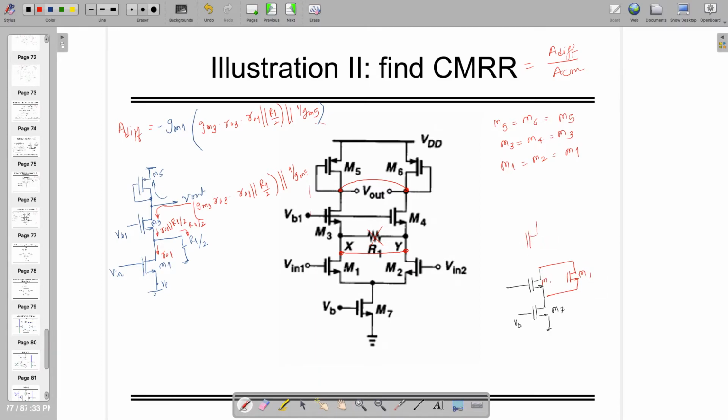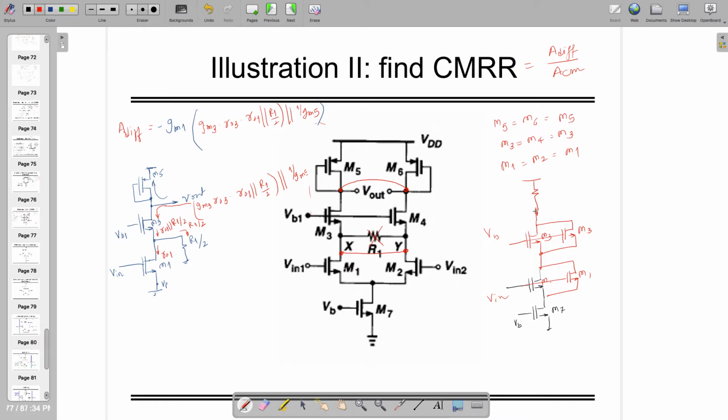Other than that, both the M3 are in parallel. Let's call this one VB, let's call this one V in, and here it's diode connected, so we can replace this for simplicity.